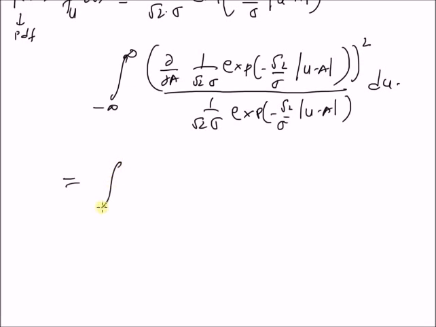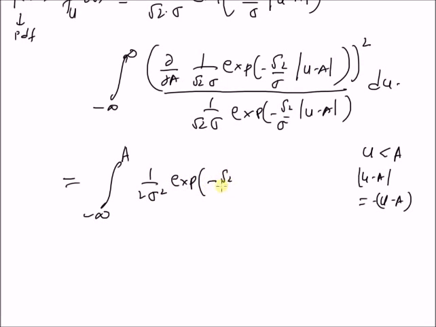So for the component from minus infinity to a, we basically have u less than a, that is, modulus of u minus a is equal to minus of u minus a. So by using this condition, we have 1 by 2 times sigma square into the derivative of exponential, which is still exponential, minus square root of 2 by sigma into minus of u minus a.